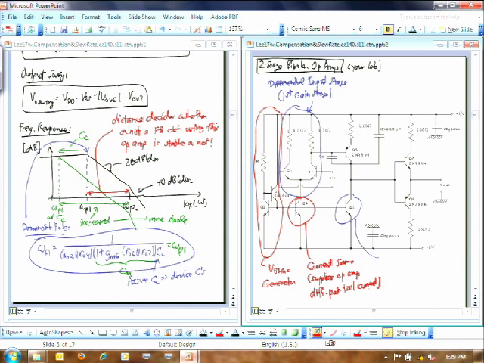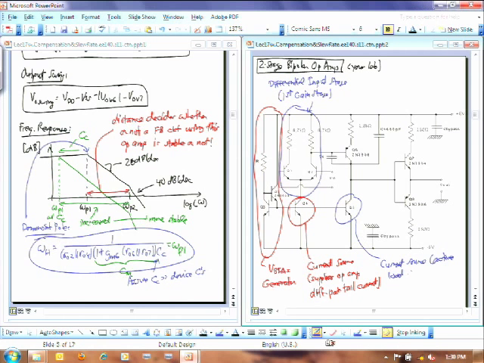So it's a current source for, well, let me be more specific. Call it active load for the Q6 degenerated common emitter amplifier.